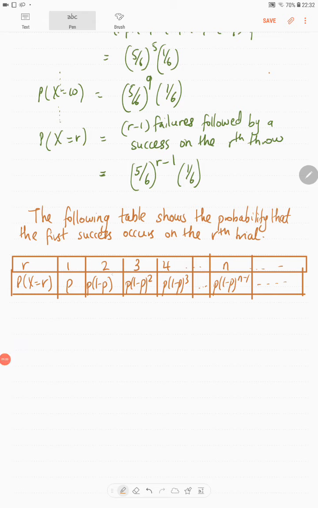So in general, this is what the probability for the first success occurring on the r-th trial will look like.